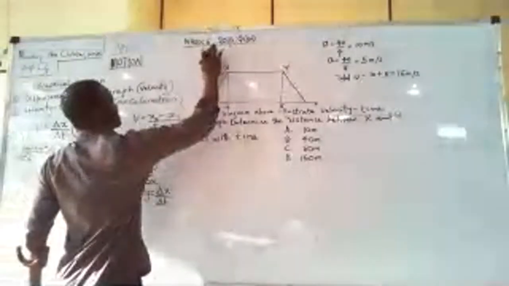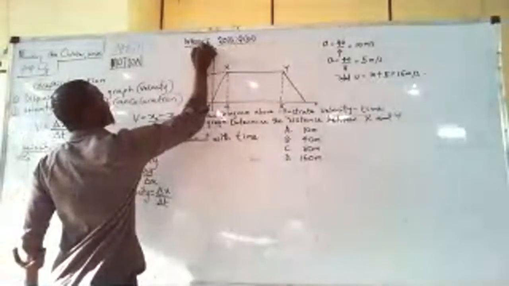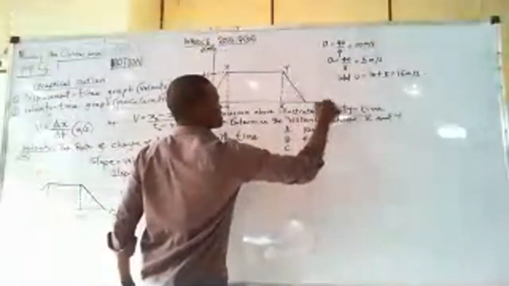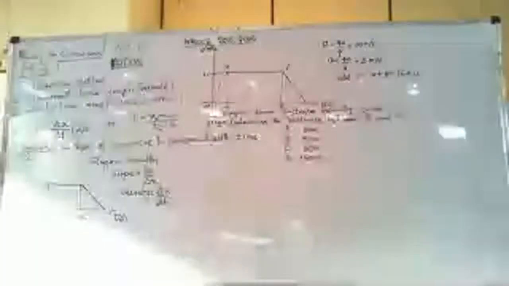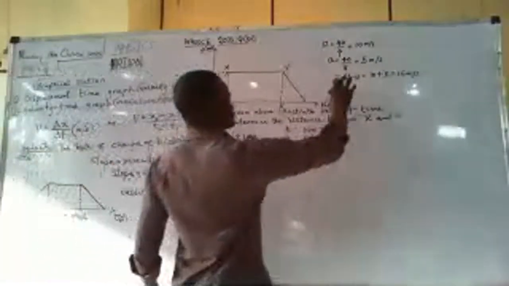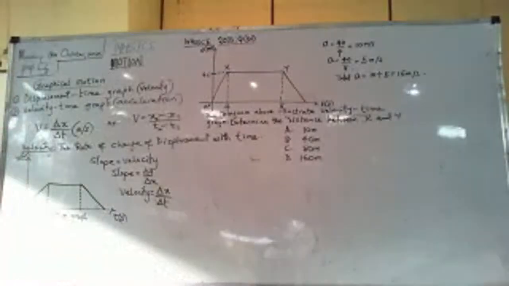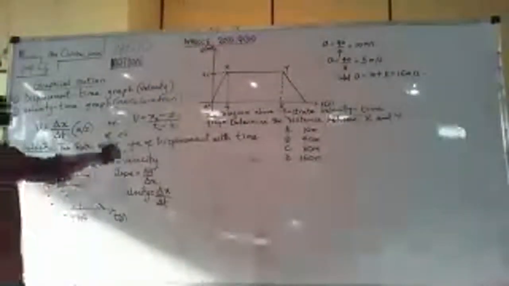So if I want to get them right, it means velocity in what, and time in what? They need to put all of that. So this is total acceleration. I get my point. So what's the total time between 0 to 8 for X and Y?